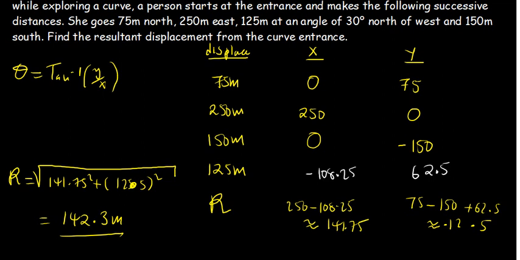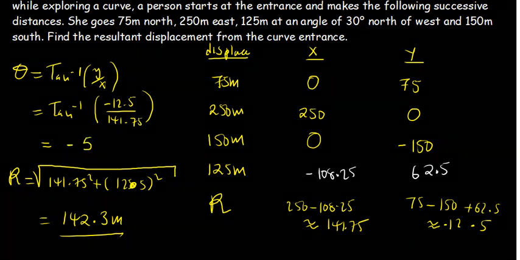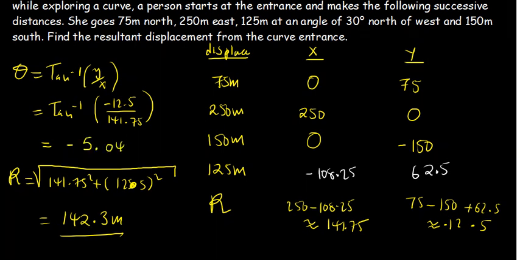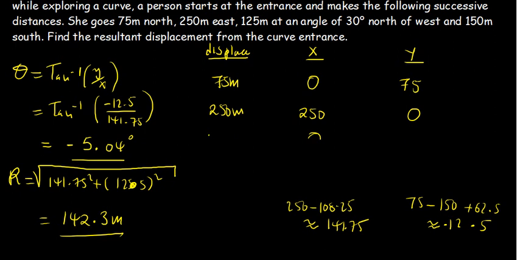So that will be tan inverse of negative 12.5 over 141.75. If you punch that on your calculator, you should get negative 5.04 degrees. Now, this shouldn't be your final answer. Giving a negative one will not be a good idea.